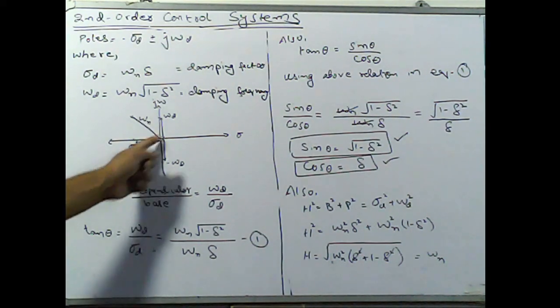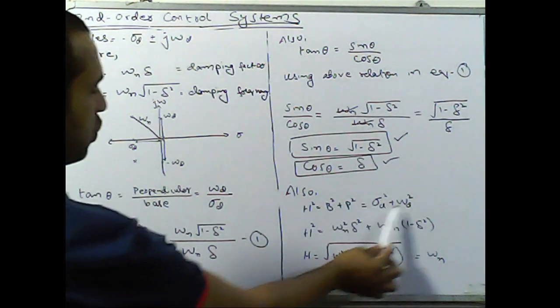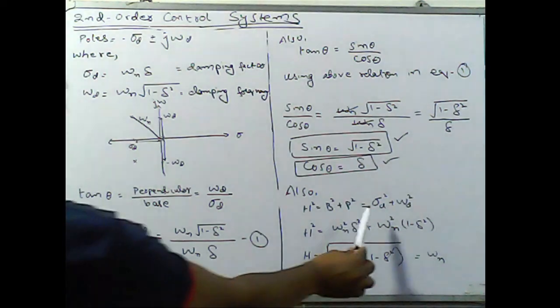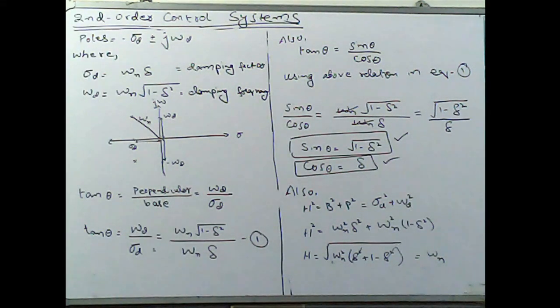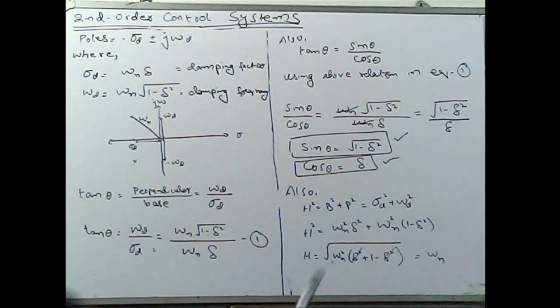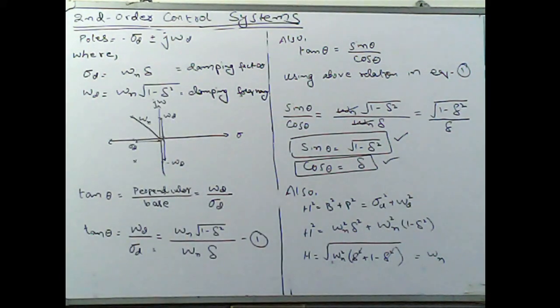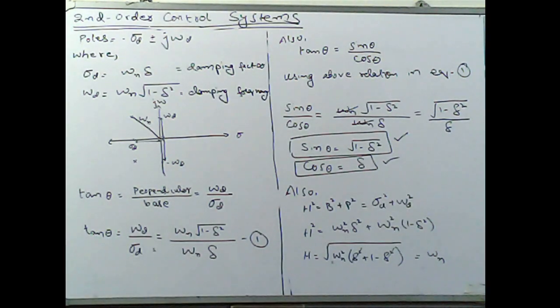Simply by using these two terms in this equation, we can also write it as hypotenuse square is equal to sigma d square plus omega d square. But we also know that sigma d is equal to omega n zeta, and omega d is equal to omega n under root 1 minus zeta square. So rather than using these two terms, we will be using their value.